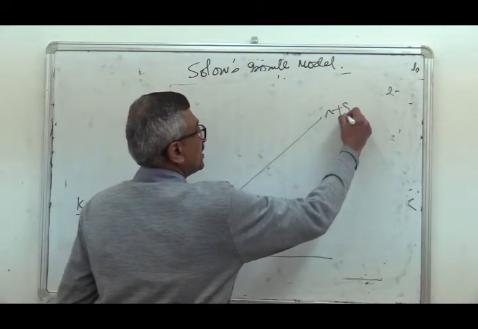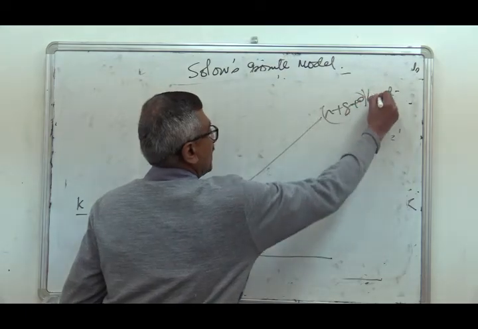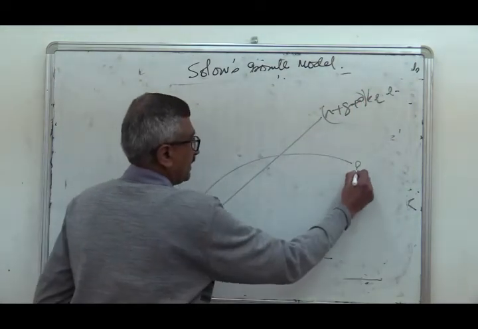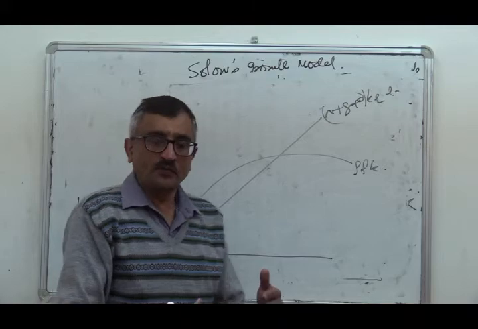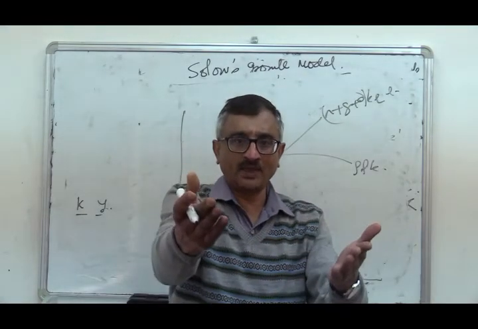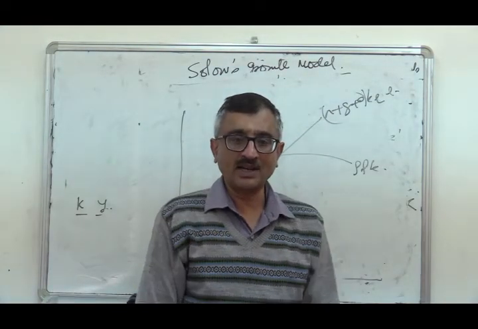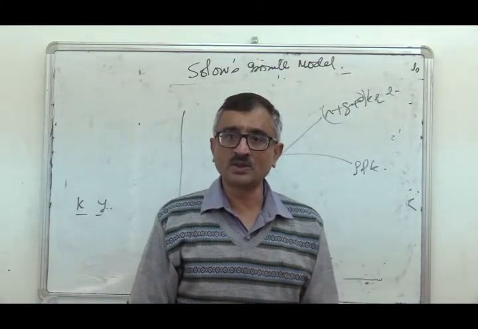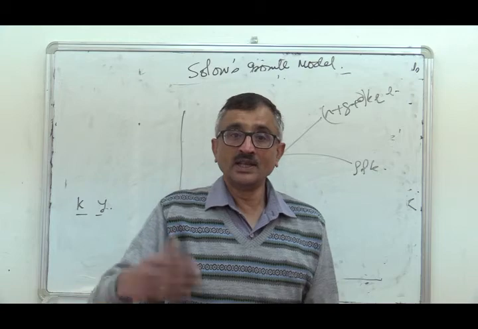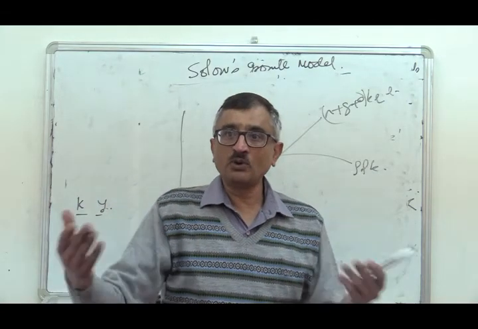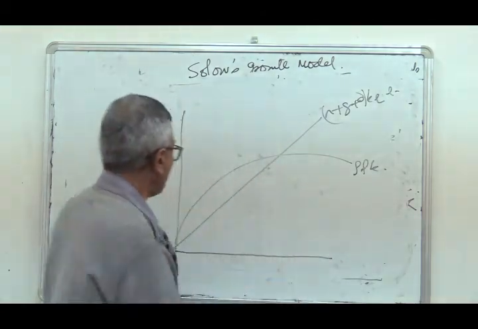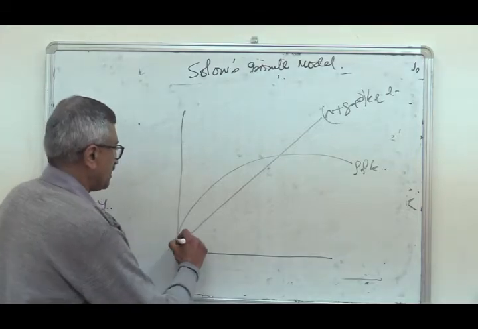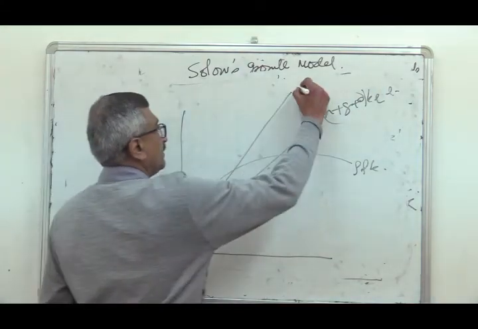This is (n + g + d) times k_t, and this is SFK. Now, if we use our equipment, let's say video cameras, mobile phones, laptops, machines, tools, and we don't take care of them, they'll depreciate faster and we have to replace them faster. And the result would be that this (n + g + d) curve would shift up.